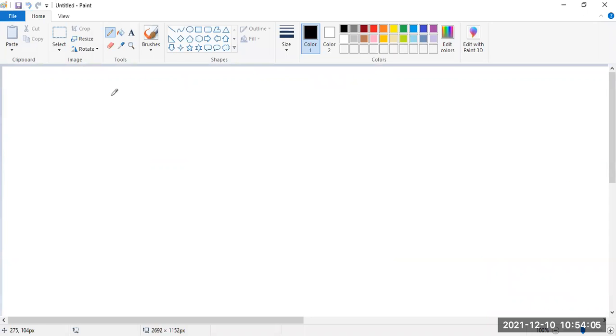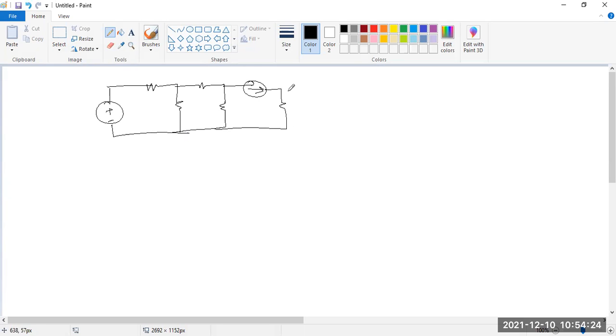You can see Norton's theorem tells that if any circuit is there, there may be a voltage source, there may be a current source, whatever may be there, then we can replace this circuit.